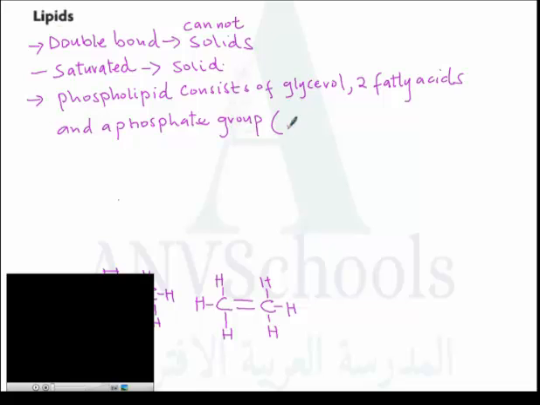So this phosphate group is very important for the structure here because it provides polarity, which is, of course, the part of the polar head of the molecule.